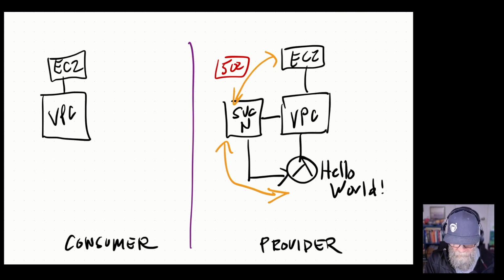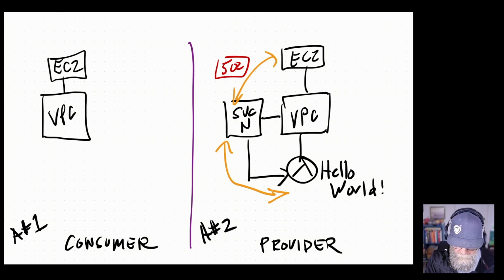Great. Then what we want to do is connect through. So these are also in different accounts. So let's say this is account number 1, and this is account number 2.